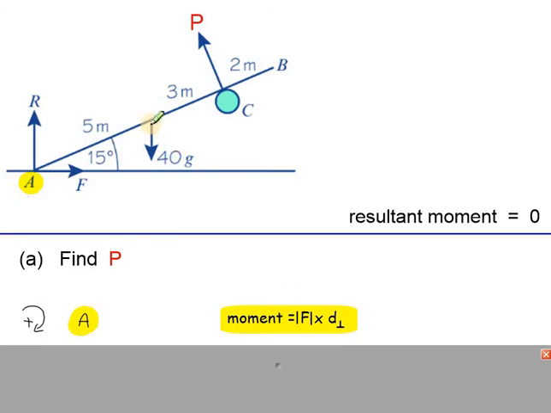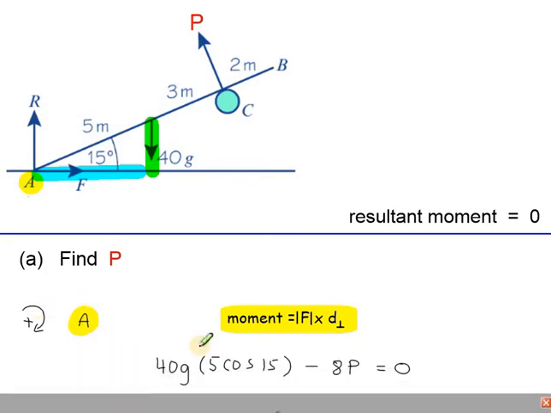So for the weight, 40g newtons, we have our force, the perpendicular distance is along here, and in this right angle triangle it's just 5 cos 15, and it's perpendicular to the force, and this force is going in a clockwise sense around point A, so it's a positive moment. There we go, 40g times 5 cos 15.